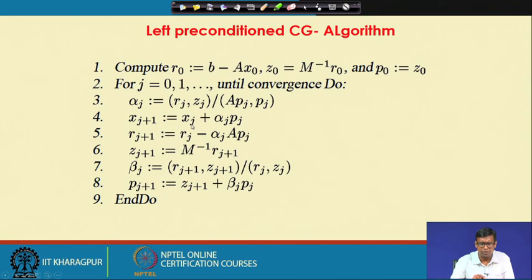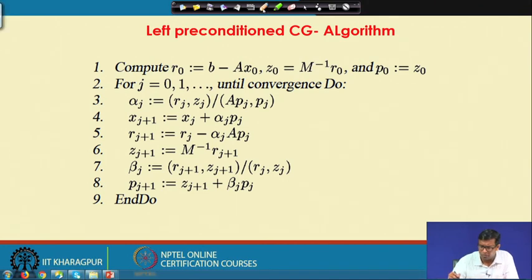Then x_{j+1} is equal to x_j plus alpha_j p_j, r_{j+1} is equal to r_j minus alpha_j A p_j. So, if this holds, because the x vector remains essentially the same, then by b minus A x we can get this relation. This is okay. Once r is obtained, z is equal to M inverse r.